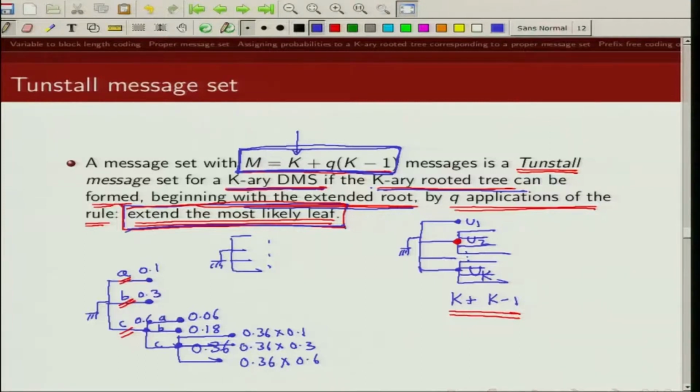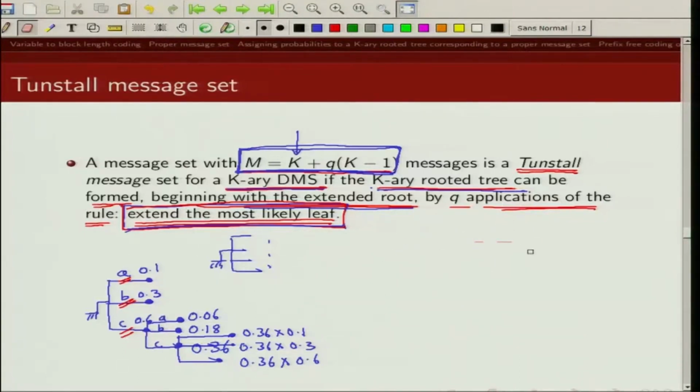Now let us take an example of a non-Tunstall message set. So let's just take the same example. I have a message U which emits ternary alphabets A, B and C with probability 0.1, 0.3 and 0.6.